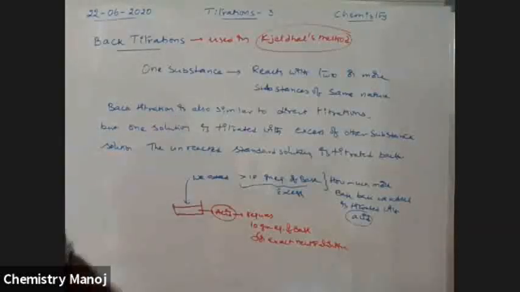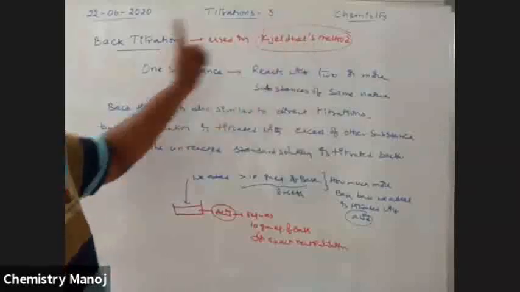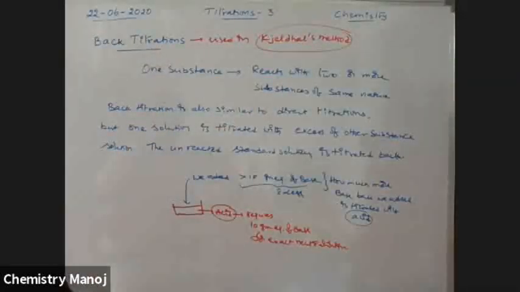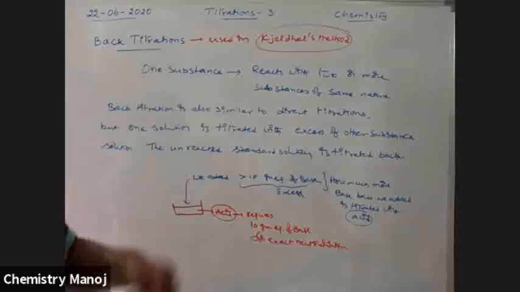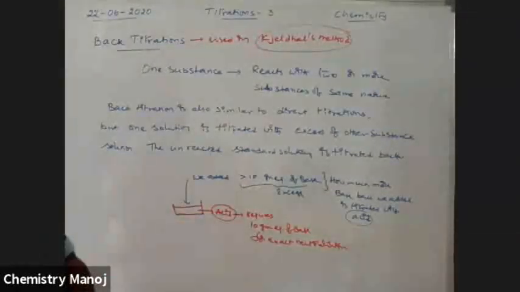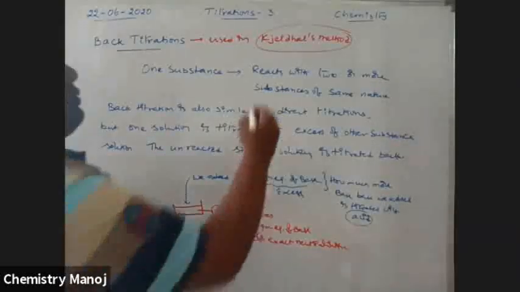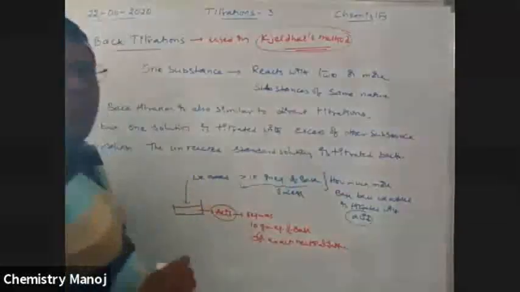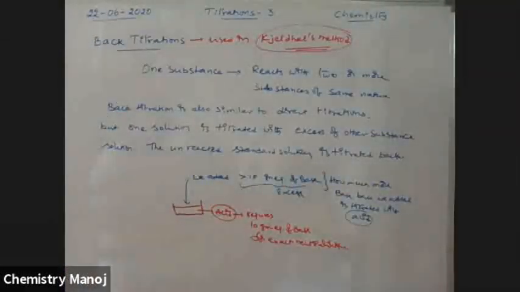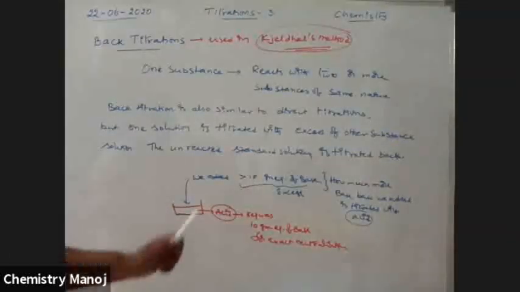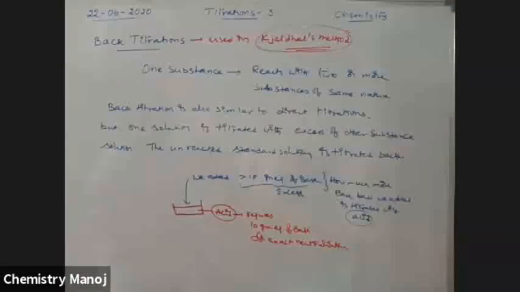The total Kjeldahl method is based on the back titration concept. By using back titration, we can also calculate the percentage purity of chemicals. It is in your organic chemistry, in your second year. At that time we will discuss the Kjeldahl method, which is totally based on this back titration concept.